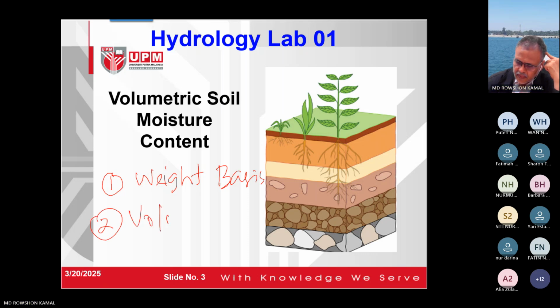The weight basis you have done, I will just explain simply. You collect soil from the field and take the weight of the wet soil. Then you put some of the soil in a small dish, you call it a petri dish.